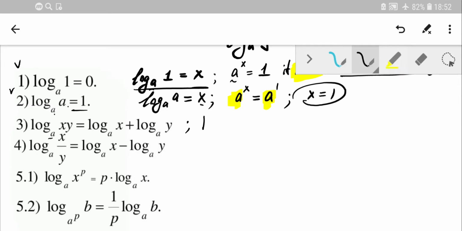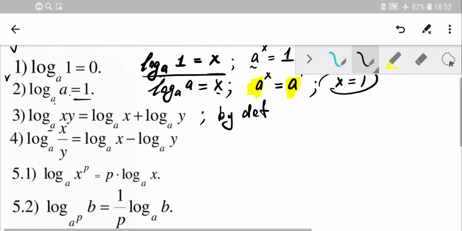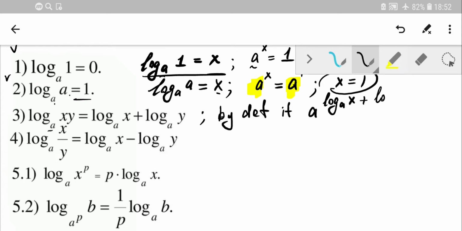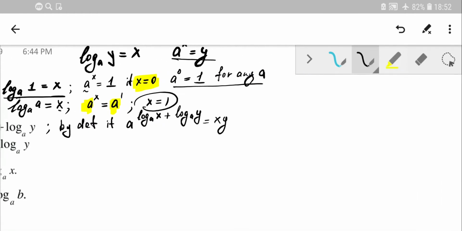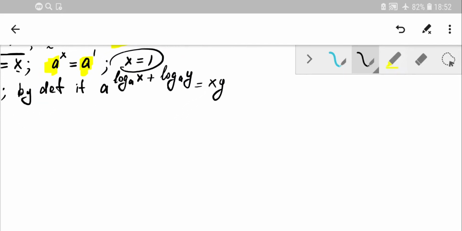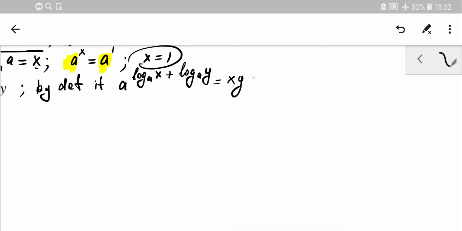So just by definition, if we raise a to the power of log with the base a of x plus log with the base a of y, we'll have the product xy. We need to prove that the right-hand side is going to be xy. We just need to do the following.